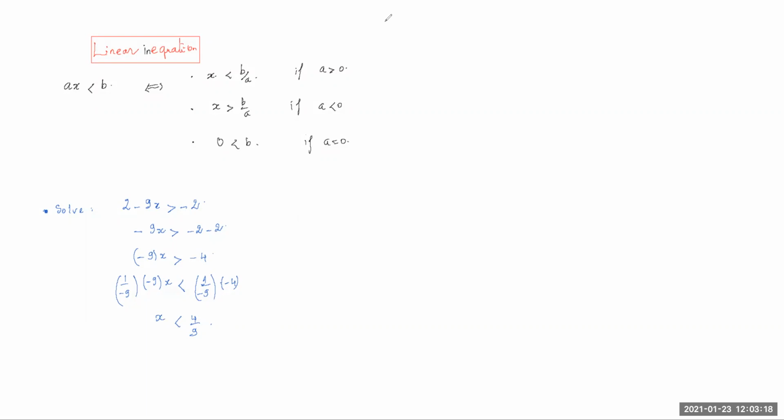I can use the number line to illustrate and identify my set. So we will have something like that. I have 4 over 9 here. Since the inequality is strict, I cannot consider 4 over 9, and I will consider all the values strictly less than it.